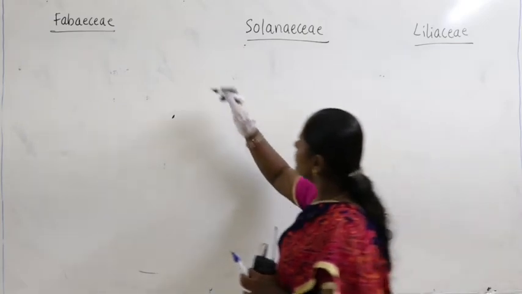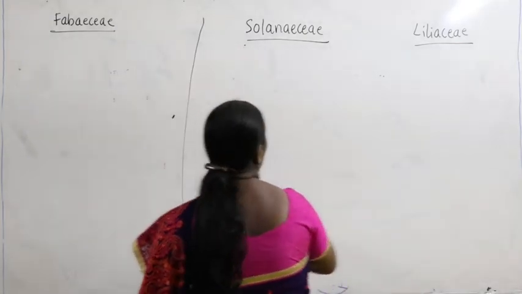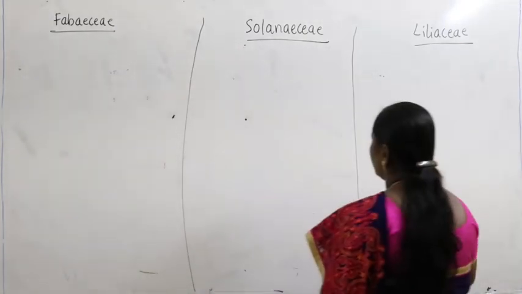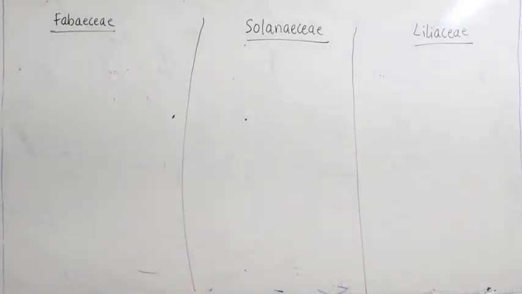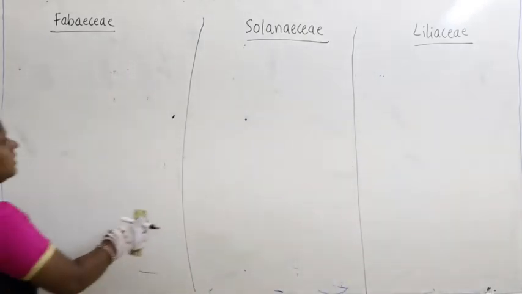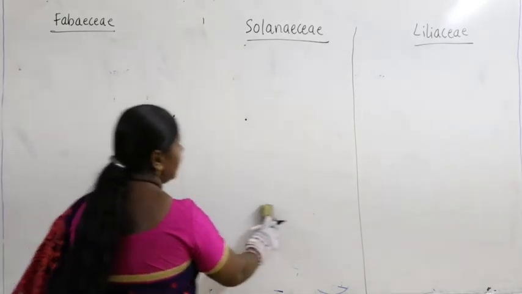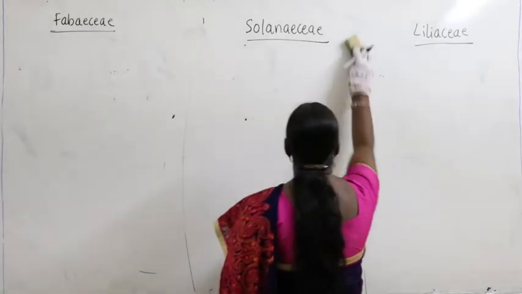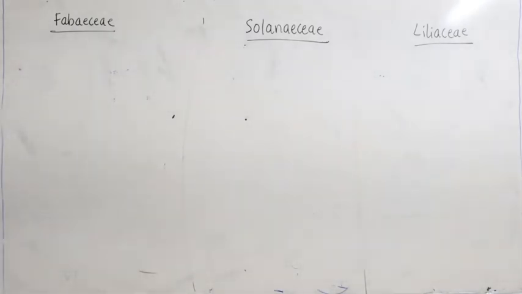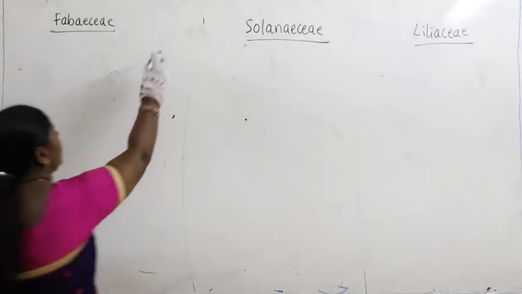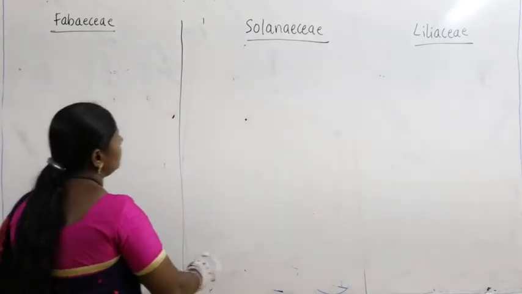What are the 3 families? Fabaceae, Solanaceae as well as Liliaceae. Just make 3 equal columns and we are going to study the 3 families.